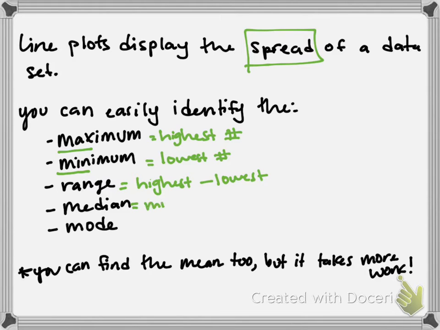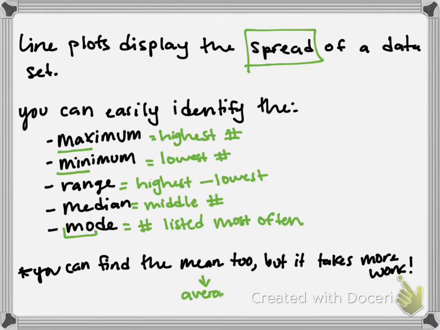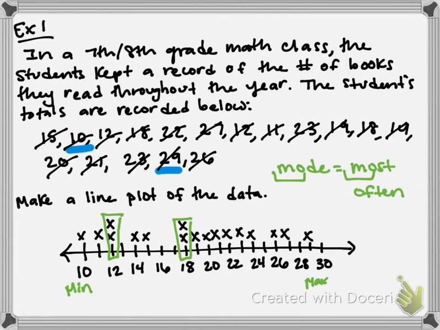Median is the middle number, and the mode is the number listed most often. You can also find the mean of the data set. Mean is the average, but it takes a little bit more work because you have to add everything and then divide.